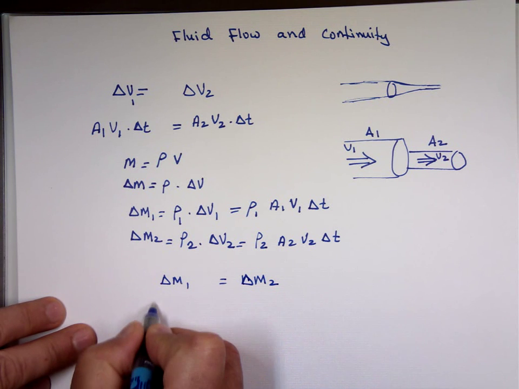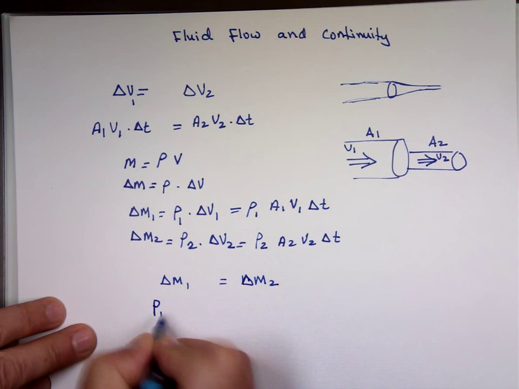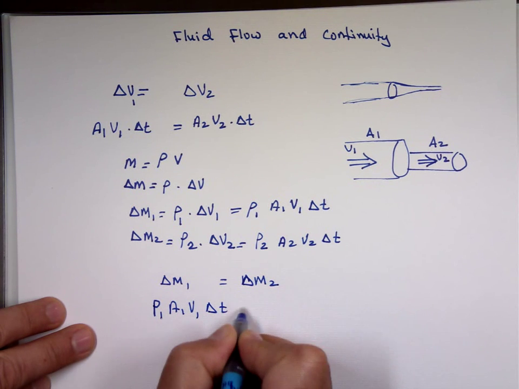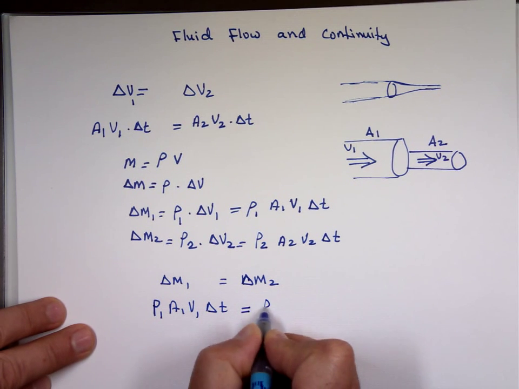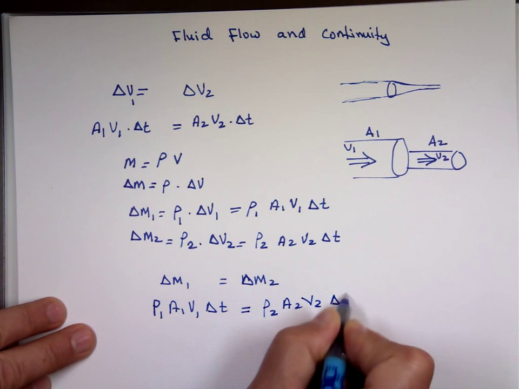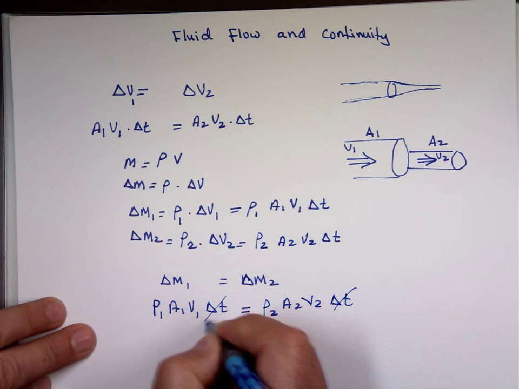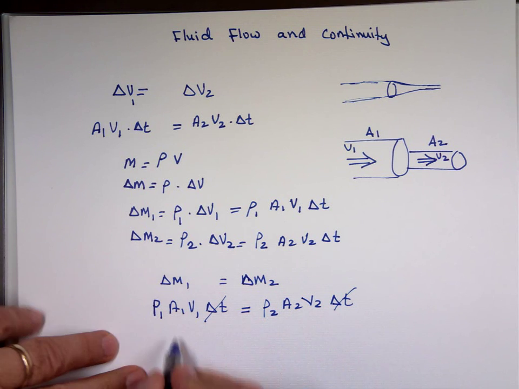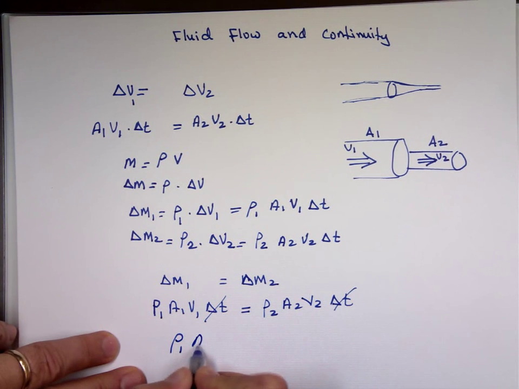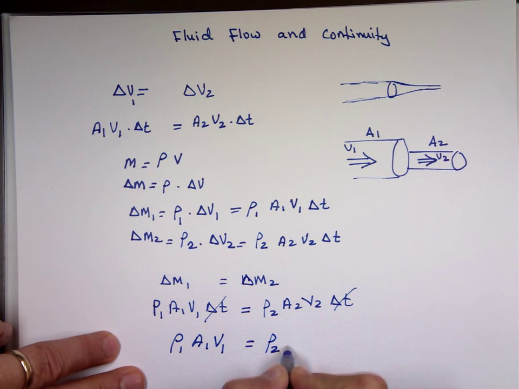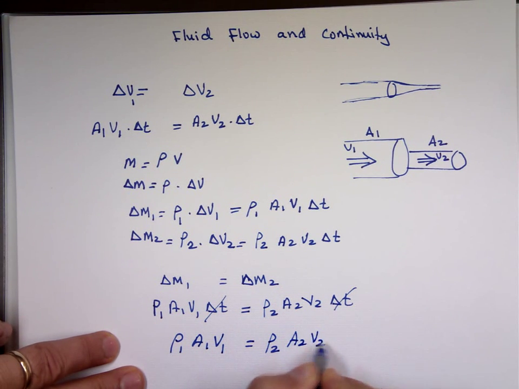So I have rho 1, area 1, V1, delta T equals rho 2, area 2, V2, delta T. Notice delta T is the same on both sides, so I can just drop it. The equation is rho 1, area 1, velocity 1 equals rho 2, area 2, velocity 2.